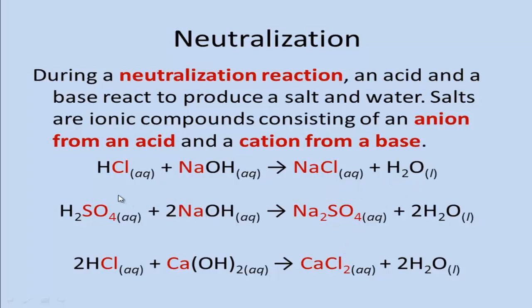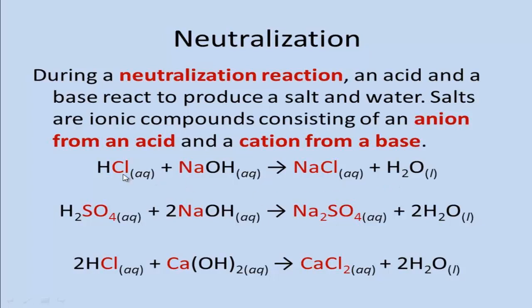Now from these equations you have to know that a specific amount of acid can react with a specific amount of base. Follow here. Here 1 mole hydrochloric acid can react with 1 mole sodium hydroxide to neutralize it completely.